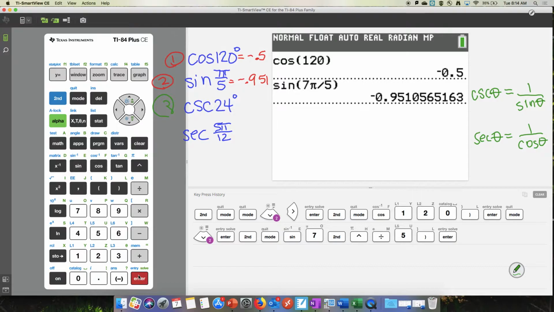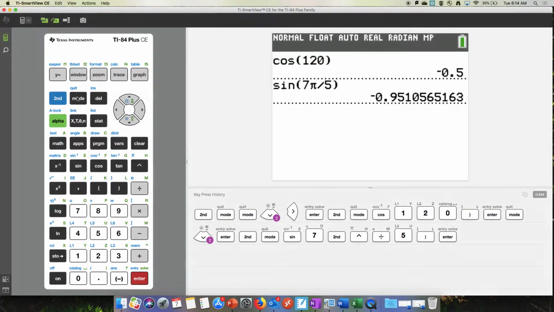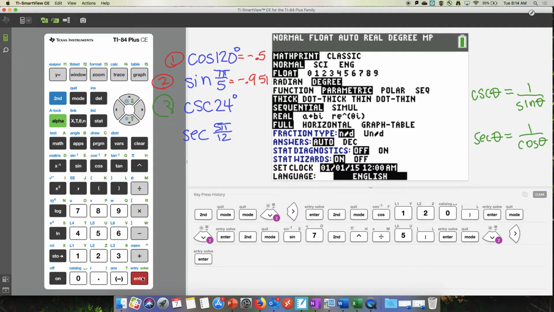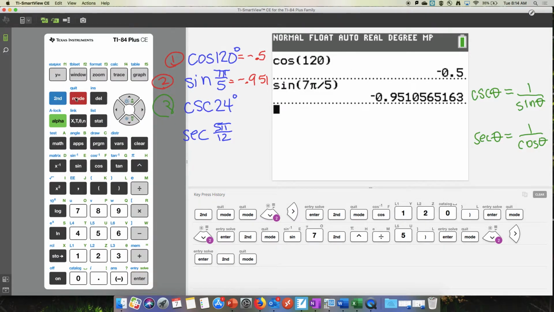Okay. So if we wanted to figure out the cosecant of 24 degrees, first of all, we're going to have to go into our mode and change it to degrees. Yes, I know that was annoying that I did degree, radian, but I need you to be thinking about changing the mode with every problem that you do.